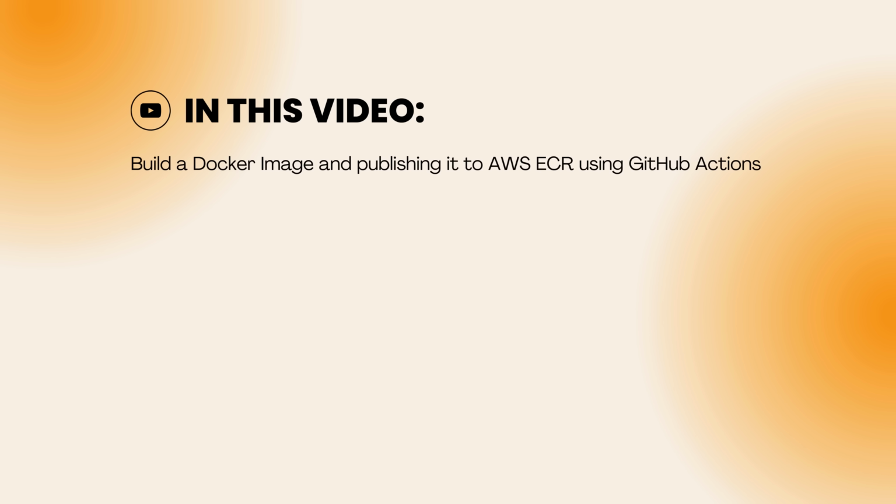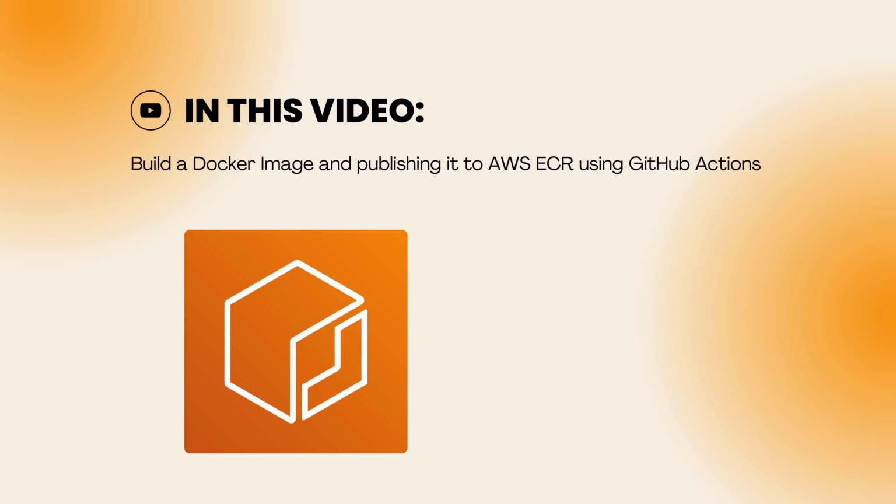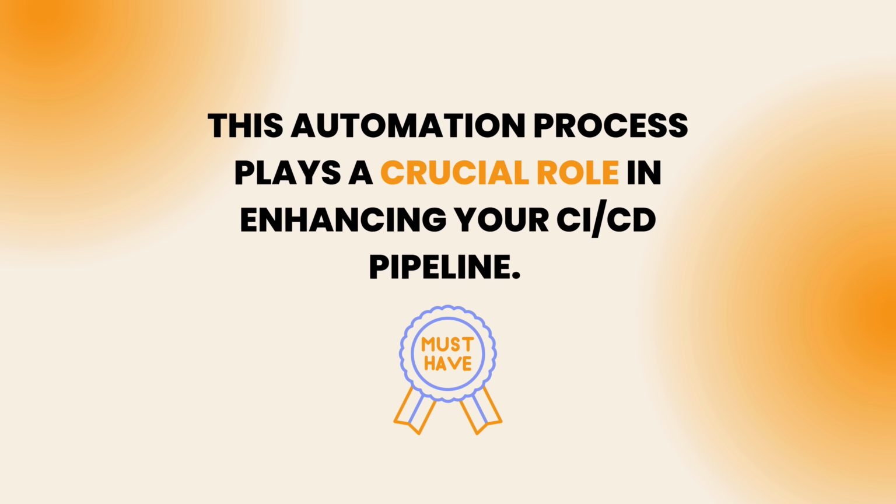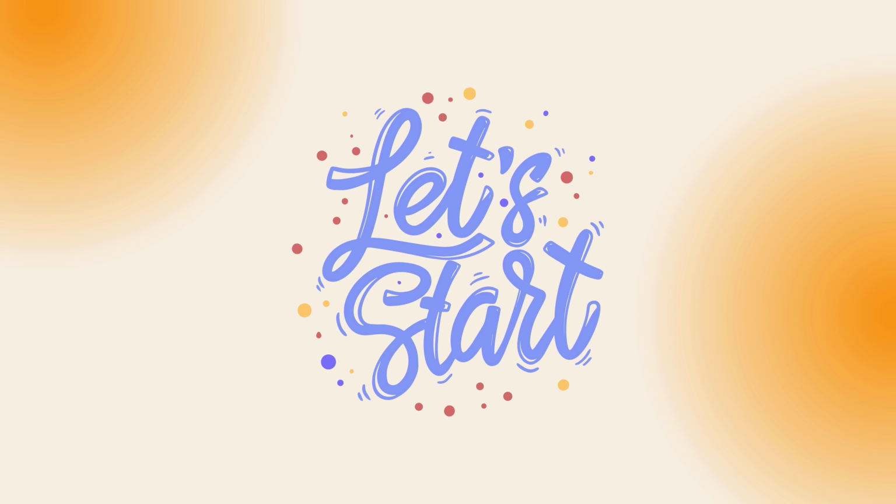However, in today's video, we will go into the details of building a Docker image and publishing it to AWS Elastic Container Registry, or better known as the ECR service, using GitHub Actions. This automation process plays a crucial role in enhancing our CI/CD pipelines. So let's dive right into it and get started.